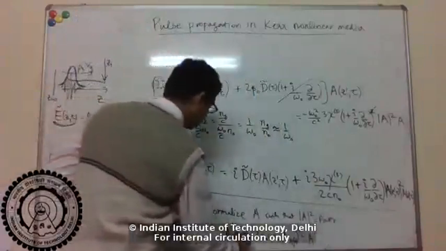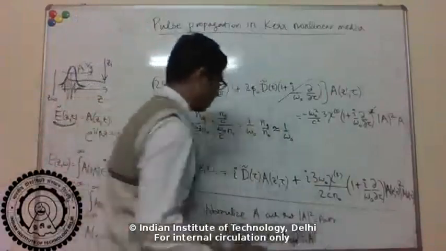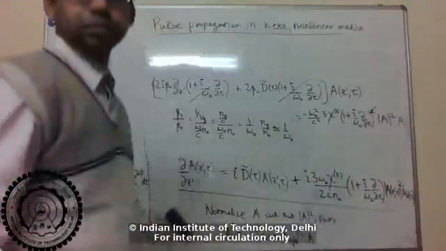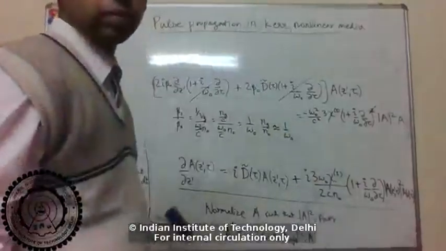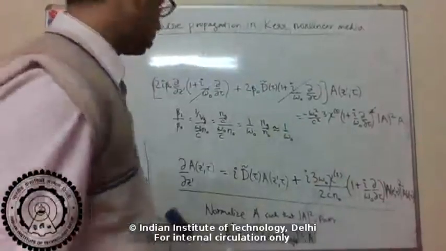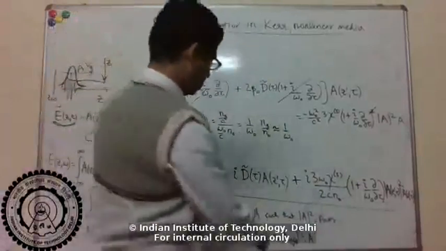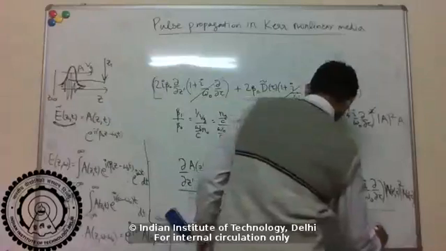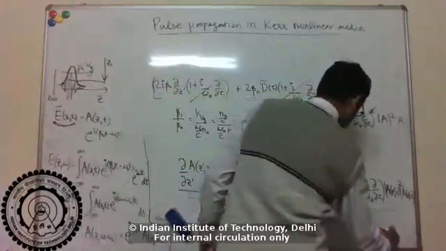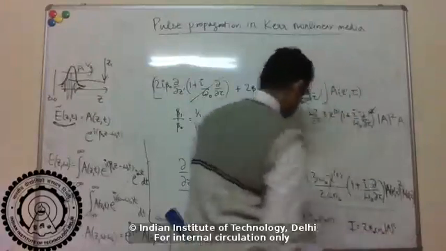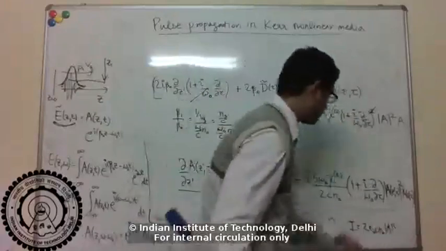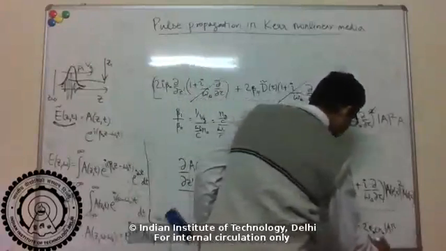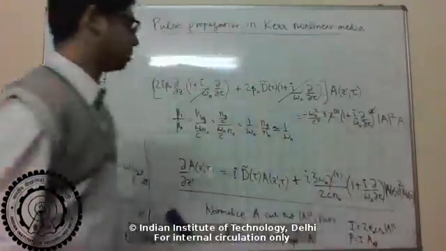Equivalent, you can think of it as putting in a new variable A prime, which is this constant multiplied by my original amplitude A. Recall that the intensity is given by this factor times mod A square, and the power is the intensity times the effective mode area.